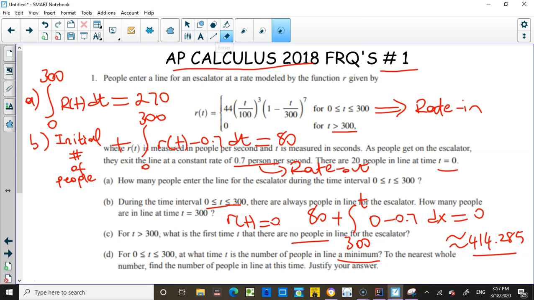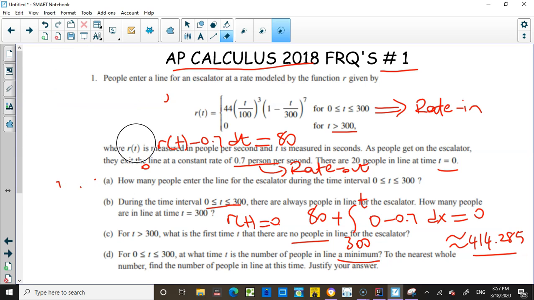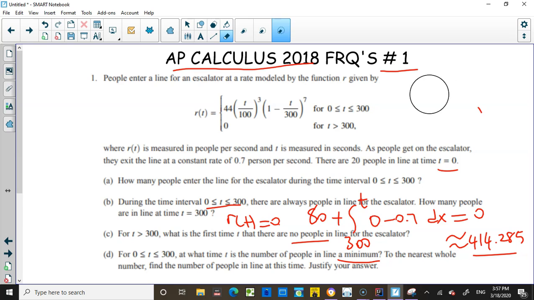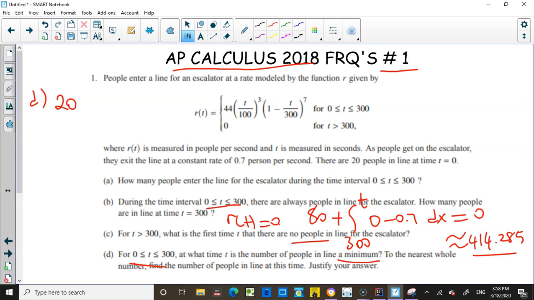Let me clean up the board so we can work this out. For part D, the total number of people in line at any time t on this interval is modeled by 20 plus the integral from 0 to t of r of x minus 0.7 dx.